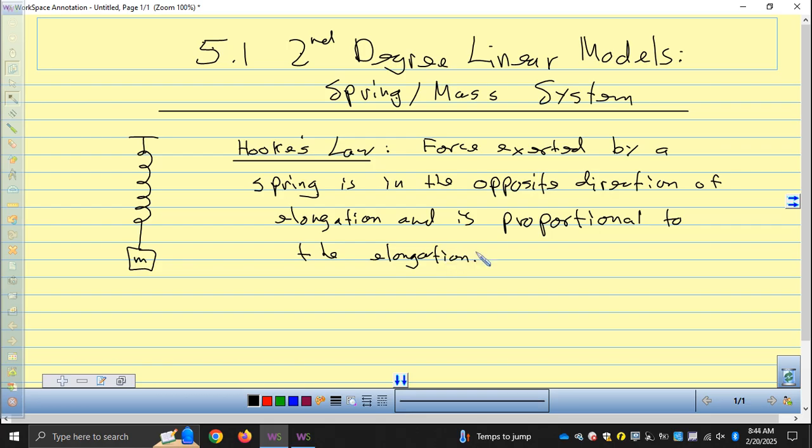In short, F equals negative Ks, where K is our spring constant, which is greater than 0, and S is the elongation.